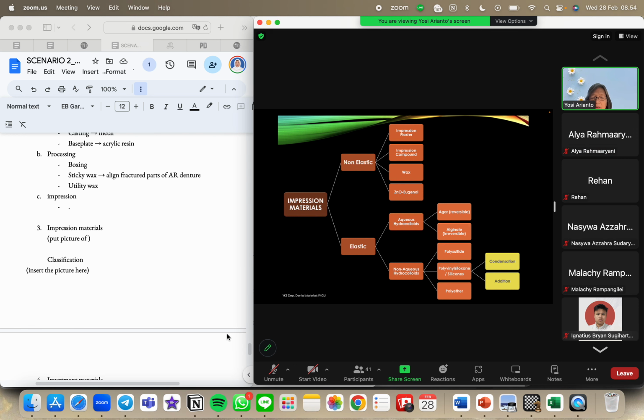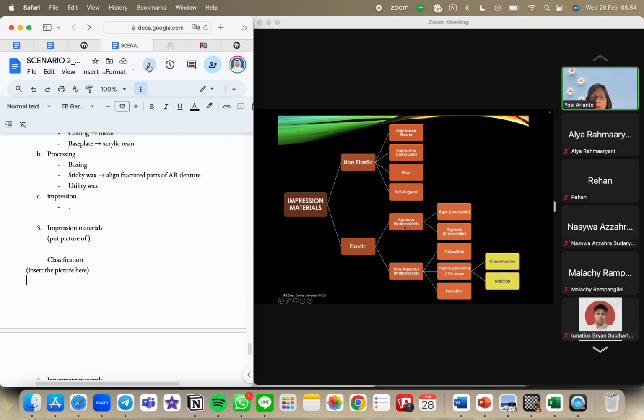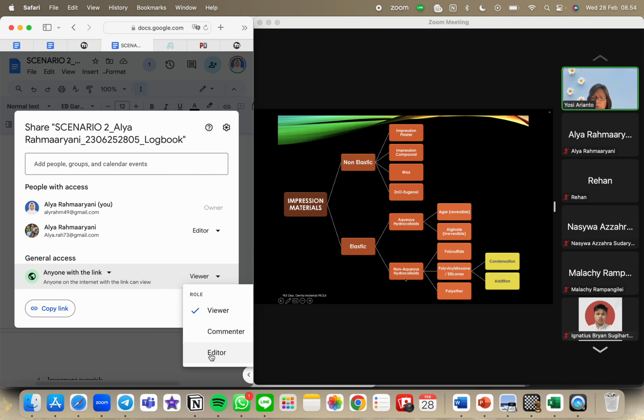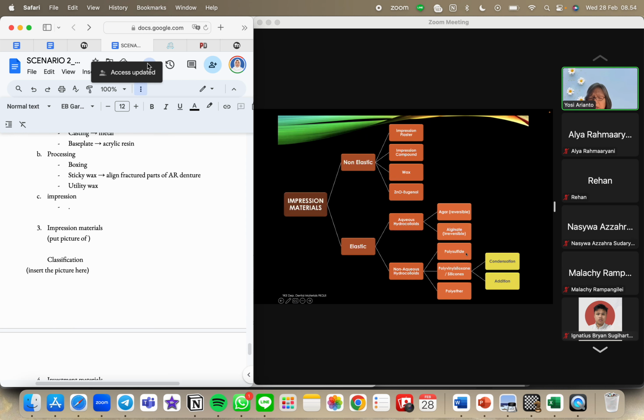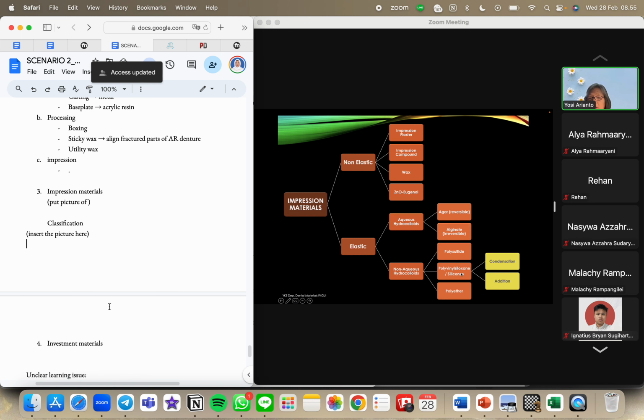So aqueous, if we need water, is like agar and alginate, but if we don't use water, it is usually the elastomeric impression materials such as polysulfide, silicone, and polyether.